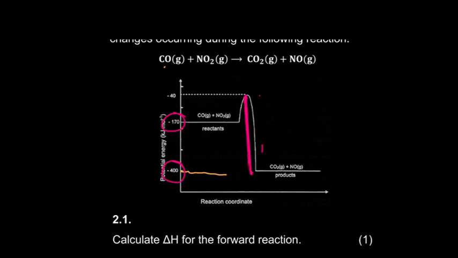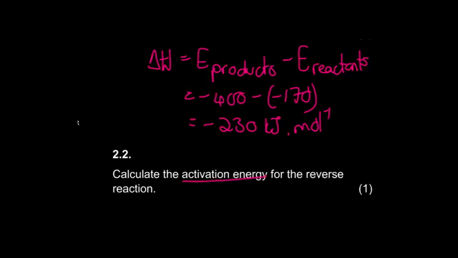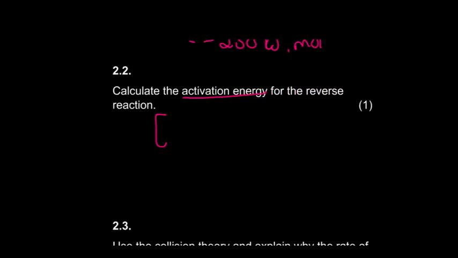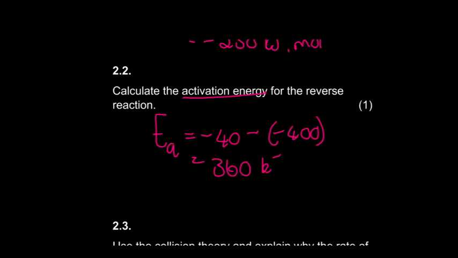My final energy is minus 40, my initial is minus 400. So my activation energy is the final energy it needs to get to, minus 40, minus the original energy, which means it's 360 kilojoules per mole.